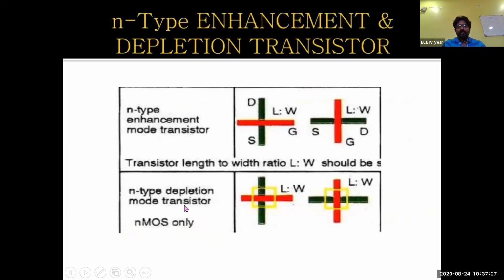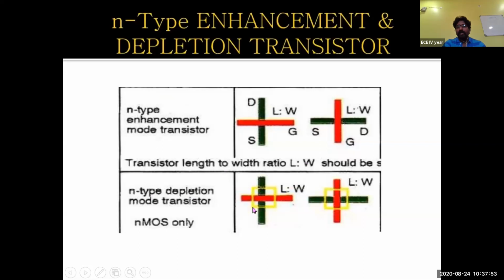So these are the two types of transistors we studied in the initial lectures, enhancement mode transistor and depletion mode transistor. If you are using an enhancement mode transistor, there is no need for any kind of implant at the juncture of these three terminals. But when we use a depletion mode transistor, we should use an implant here.